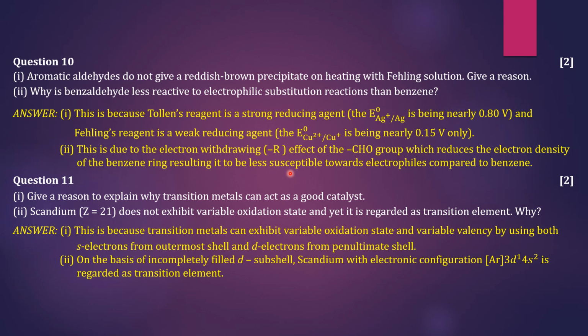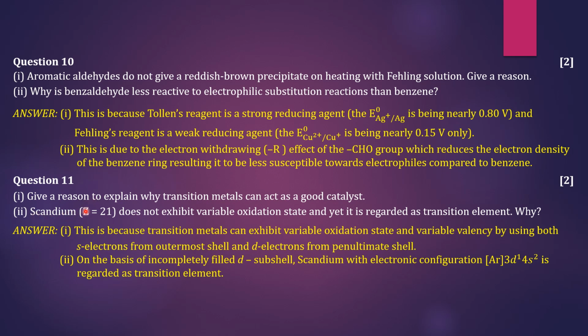So it will be difficult for the electrophile to come close to the benzene and substitute the hydrogen. So being an electron withdrawing group with very strong minus R effect, aldehyde deactivates the benzene ring and makes it less reactive towards electrophilic substitution.